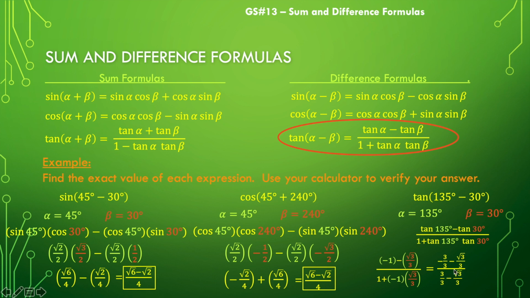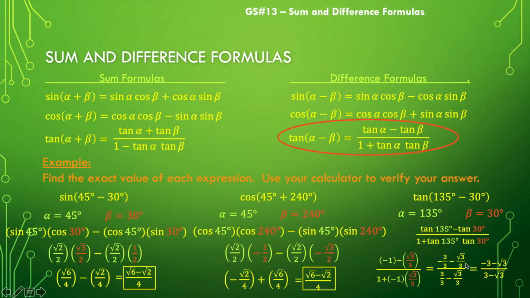Okay, and so the next step in cleaning this up, just in case you have a teacher that's going to want the simplified form here, when I clean this up, I am going to see that every term in the numerator and the denominator is divided by 3. I can get rid of those denominators by multiplying the top and the bottom by 3, and all of those denominators go away, and that immediately makes things look a lot nicer.